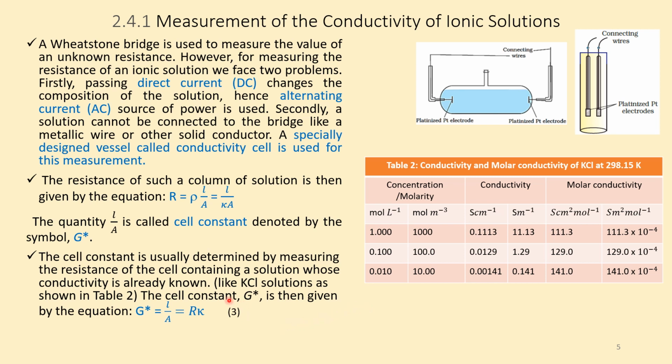Thus, the cell constant G star is given by the expression G star is equal to L by A. Here you see L by A is equal to G star, that is equal to R into kappa, where R is the resistance of the cell and kappa is the conductivity. The value of conductivity is noted from the table. Let it be equation 3.